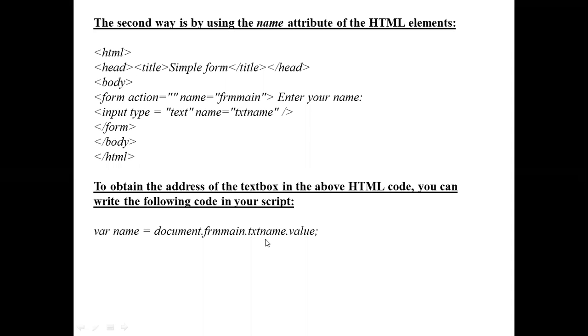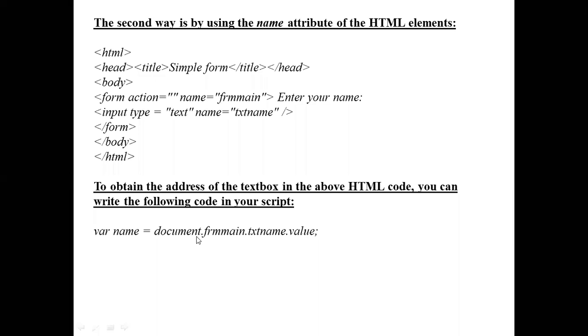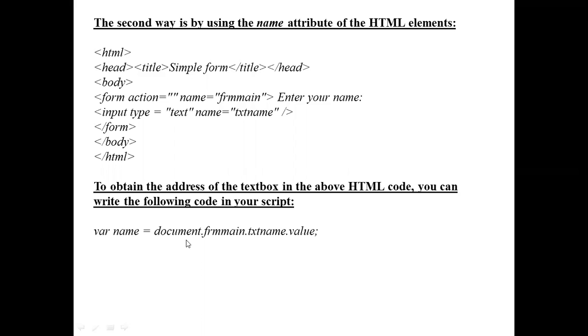The form name is frm main, and the text box name is txt name. So it is document dot frm main, the name of the form, dot txt name, the name of the text box, dot value, the value you entered in the text box. That is stored in the variable name.